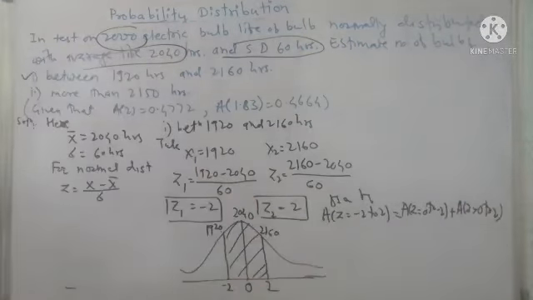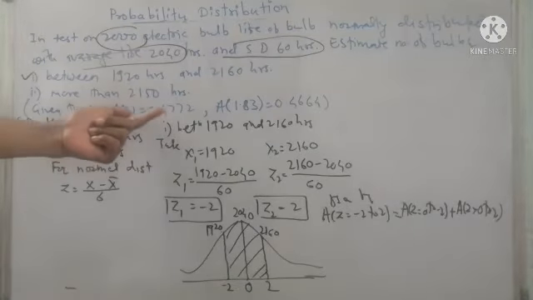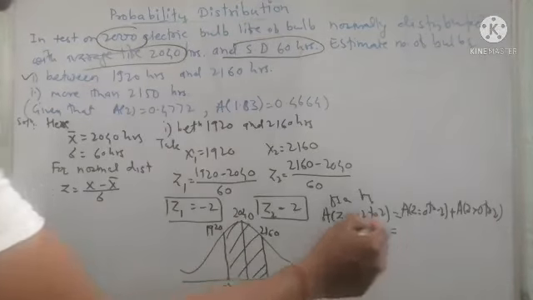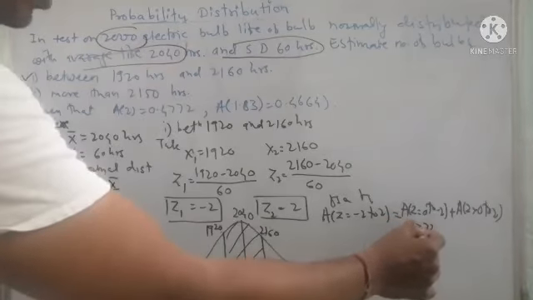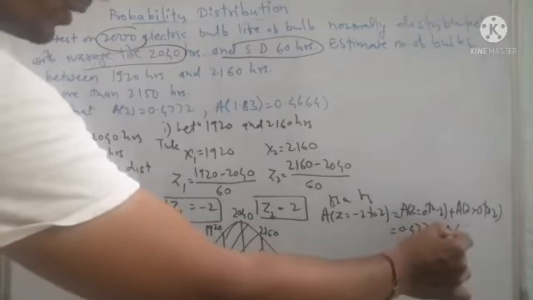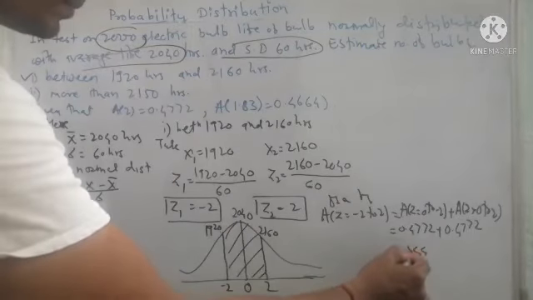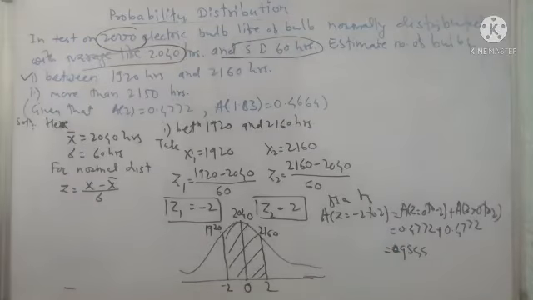Now, as the area for z equal to 2 is given as 0.4772, and this is symmetrical so both areas are equal, the first area from 0 to minus 2 is 0.4772 plus the second area, also 0.4772. Adding, we get 0.9544.